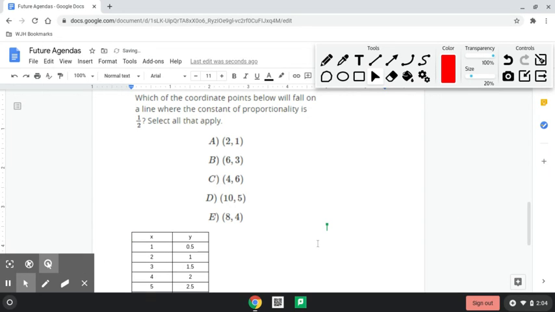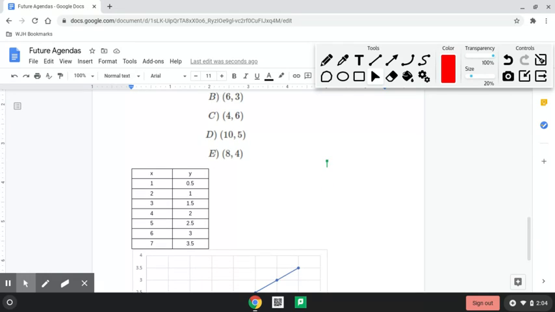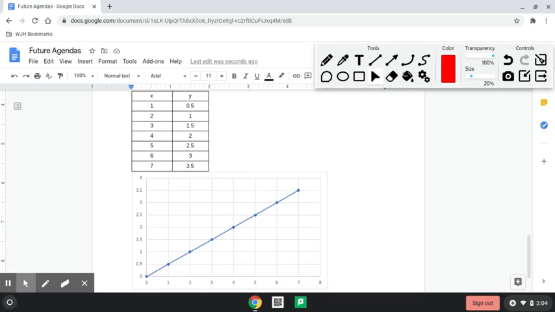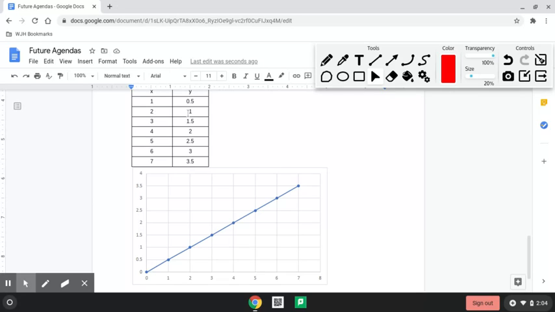And once you've made a table like that, then you start plotting the points with an x of 1 and a y of 0.5. Here we have it. And with an x of 2 and a y of 1, right there, x of 3, y of 1.5, and so on.